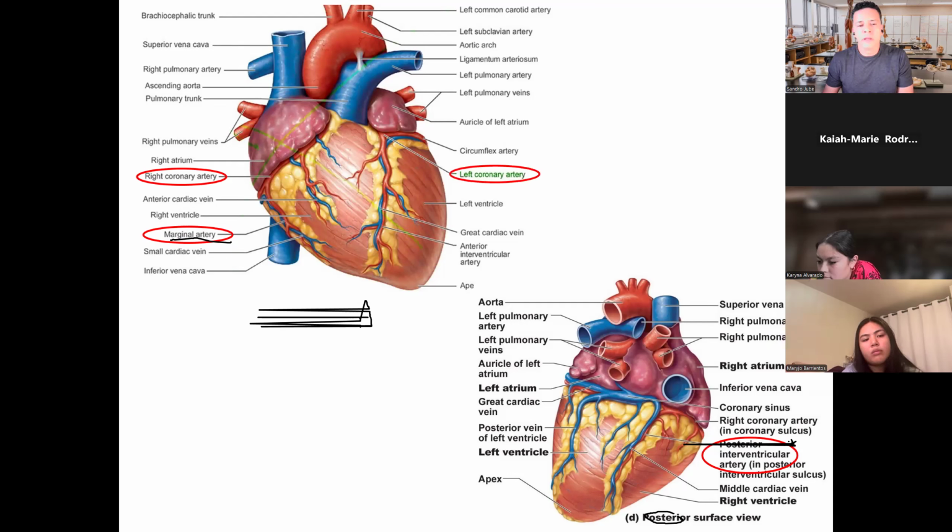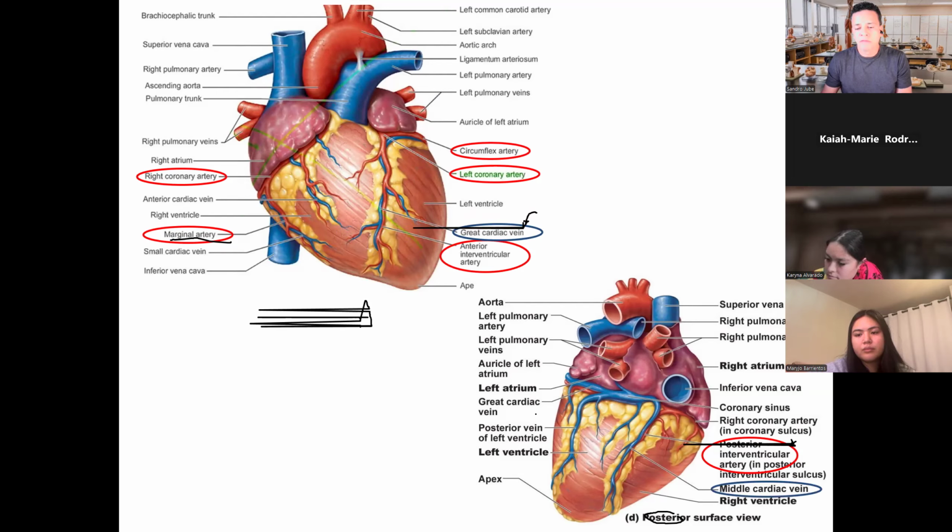The left coronary splitting into the anterior interventricular artery and the circumflex artery going towards the back. And then we can take a look at the veins. Here in the front, we have the great cardiac vein. And then we have the middle cardiac vein, which is in the back of the heart. And also going towards the back of the heart, we have the coronary sinus. Okay?